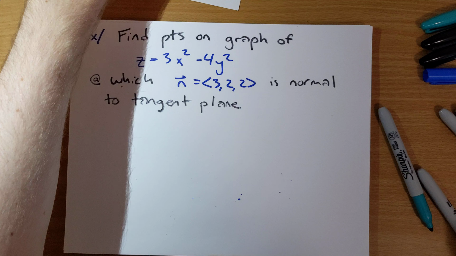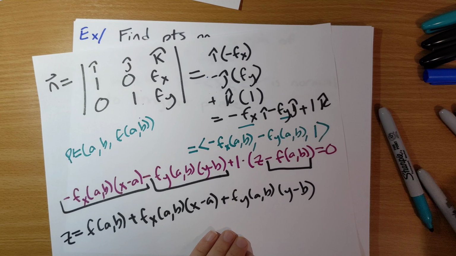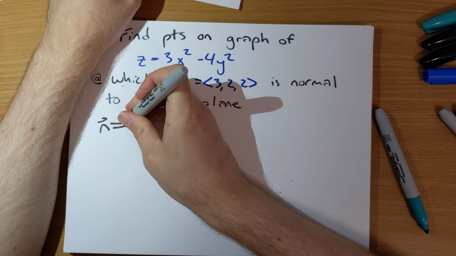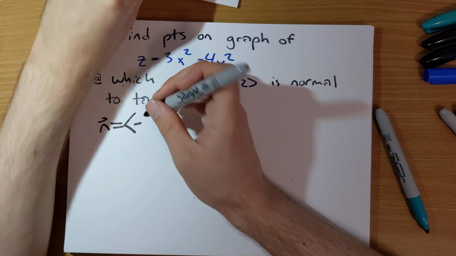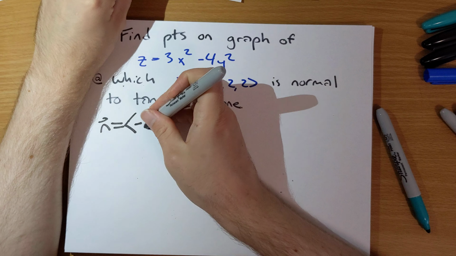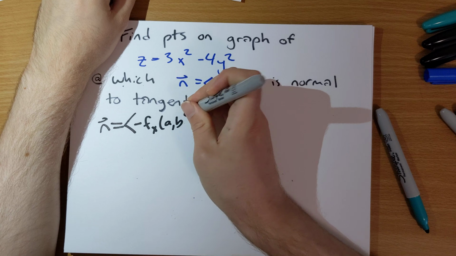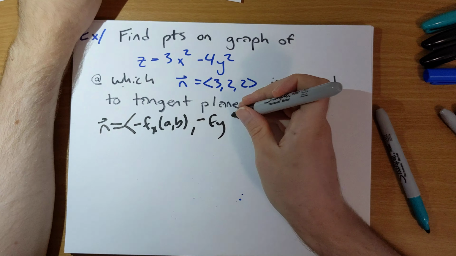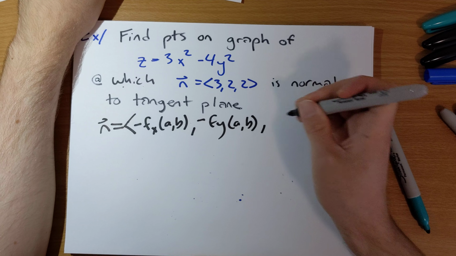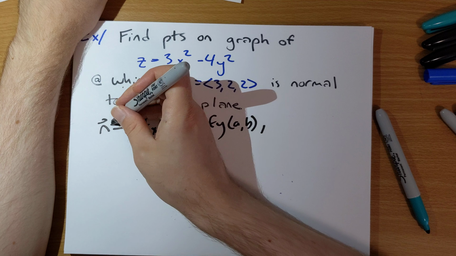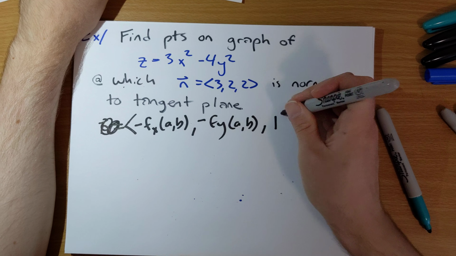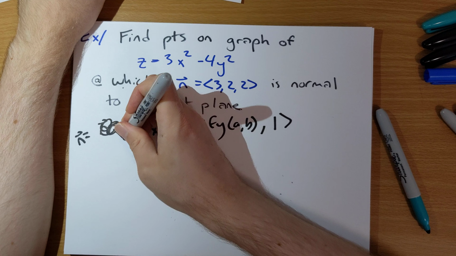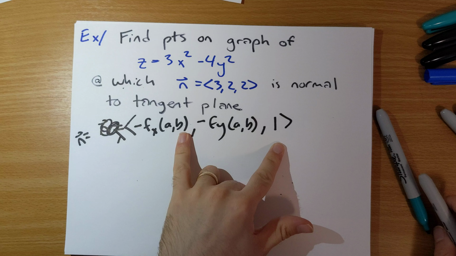Once again, our normal vector is going to be negative the x partial derivative at (a, b), negative the y partial derivative at (a, b), comma 1. I want n to be some scalar multiple of this.